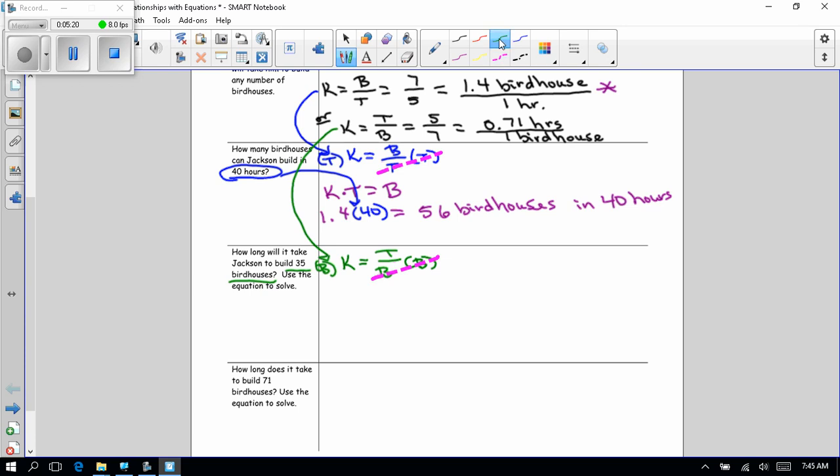So the number of birdhouses times the constant of proportionality is equal to the time. Now I'm using the second part of that equation, right? So I'm going to take my 35 birdhouses from my problem times my constant of proportionality from that second equation up above, 0.71, and I can calculate how much time it's going to take.